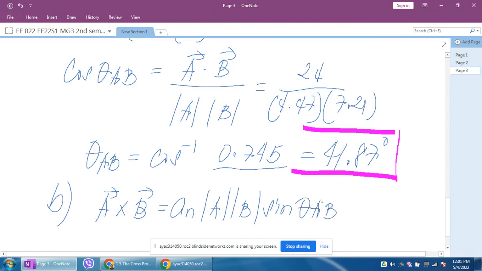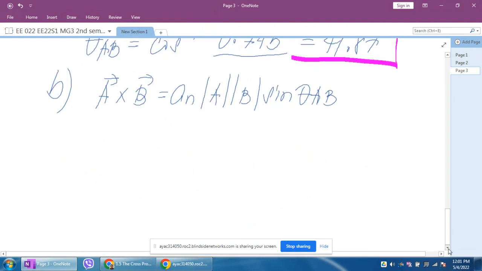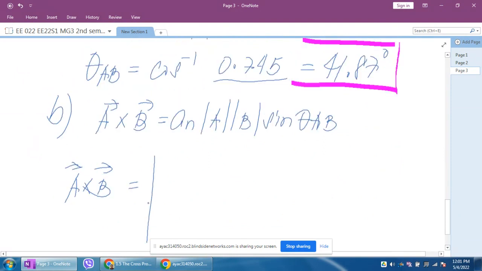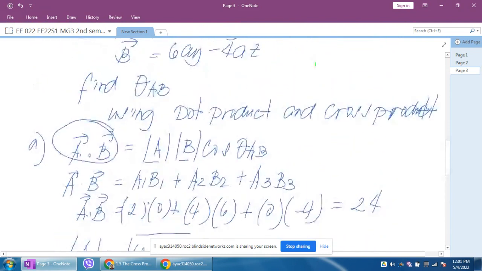Okay. Now, meron tayong alternative formula for cross product. Are you still with me? Kasama ko pa po ba kayo? Baka mamaya po, wala na kayo dito sa ating pinag-uusapan.